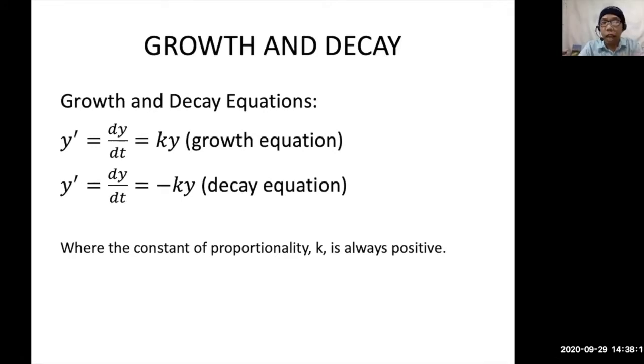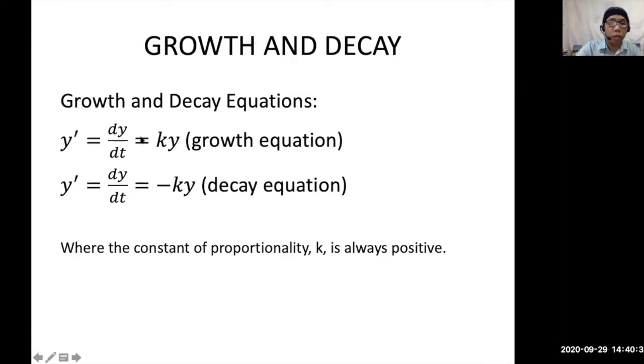Now for our first elementary application, we are going to talk about growth and decay. In differential equations, these are the two equations, or maybe we can say only one equation, for solving problems in growth and decay.